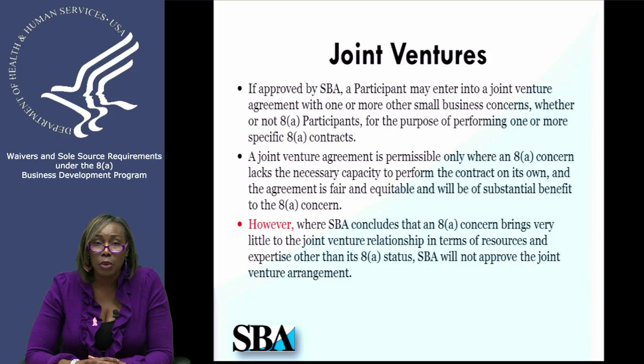So they must be small for the NAICS code, the 2 firms, for the purpose of performing one or more specific 8A contracts. Remember, in the previous slide, I said that on one joint venture you can be awarded 3 contracts, but it starts from the date of the first contract award.